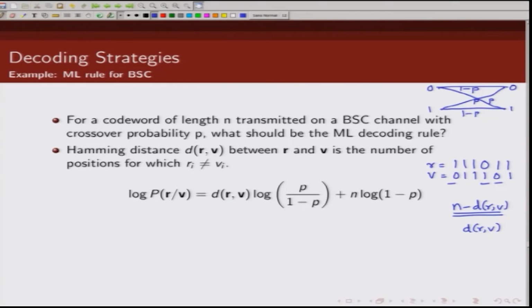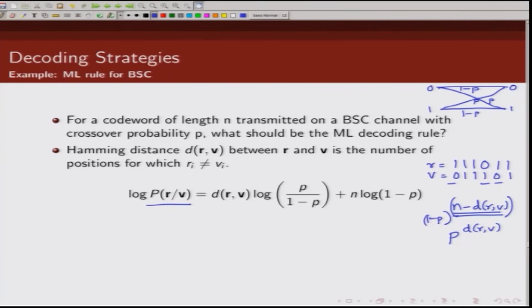What is the probability that d bits got flipped? That is given by p raised to the power d(r,v), and the probability that n minus d bits were received correctly is 1 minus p raised to the power n minus d.